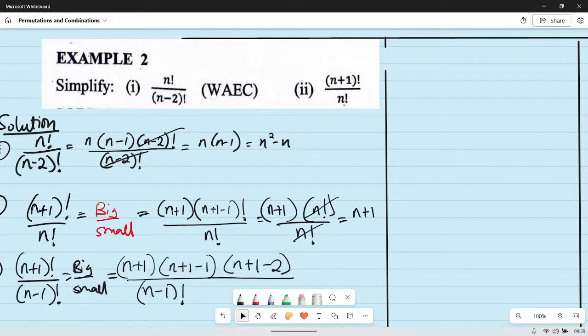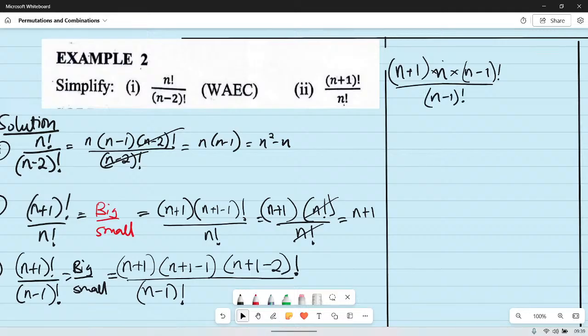But the n minus 1 can cancel this one. That's why we will end. If you put a factorial there, you are ending there because you have a factor. Now this becomes n plus 1, n itself, right? Then n minus 1 factorial all over n minus 1 factorial.